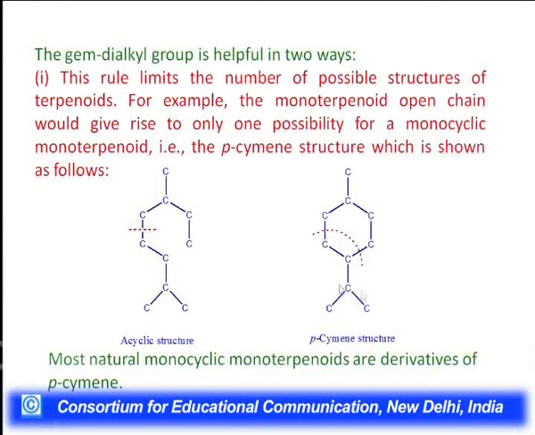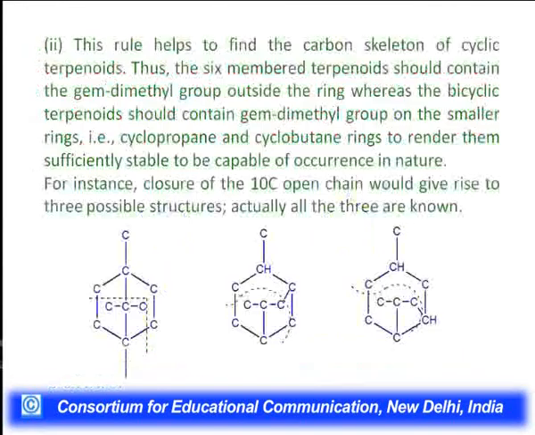Here this is the dialkyl part, this is one isoprene unit, and this is the second isoprene unit. So if we divide this p-cymene structure into two halves, we will get the two isoprene units which contain the gem-dialkyl groups. The most natural monocyclic monoterpenoids are generally derivatives of this simple structure, that is p-cymene.